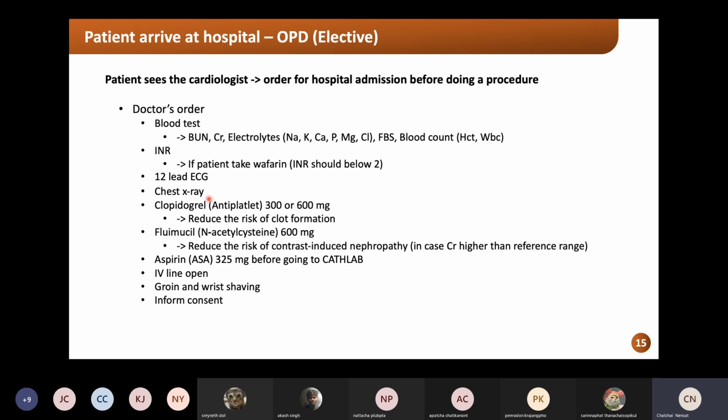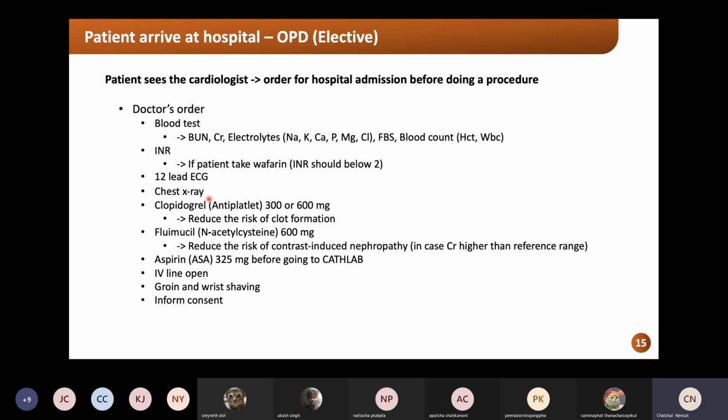But anyway, in some hospitals, some cardiologists may consider giving the flumoxil in case the laboratory results of the patient show creatinine or BUN higher than the reference range, higher than normal. So the flumoxil will be considered for that patient.